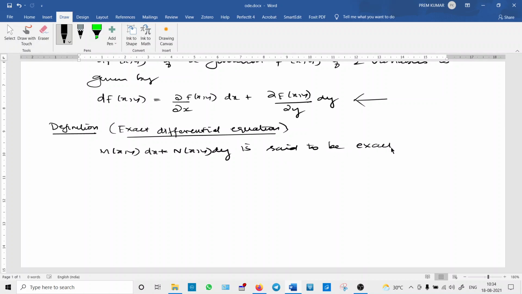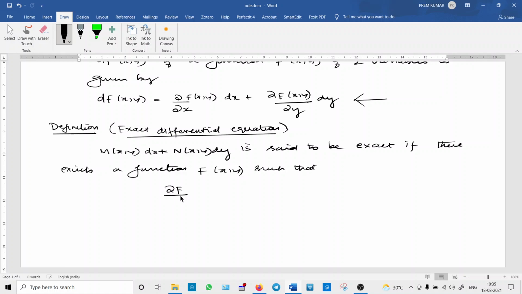is said to be exact if there exists a function capital F such that it satisfies these conditions.